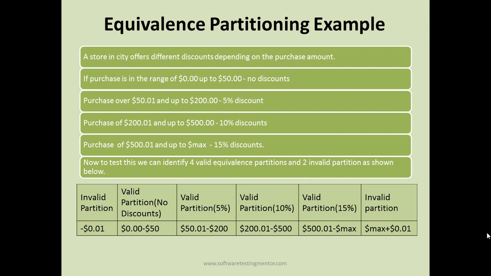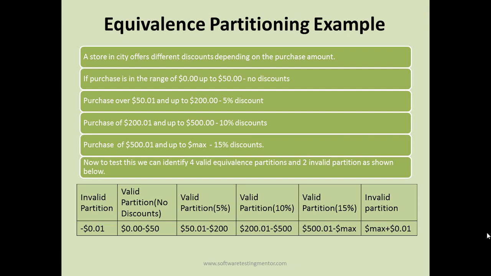So now, using equivalence partitioning, if you want to design your test cases, you can easily create the partitions and figure out what values you want to test in these scenarios, rather than just randomly inputting any purchase value and verifying the discount, which is not the right approach.